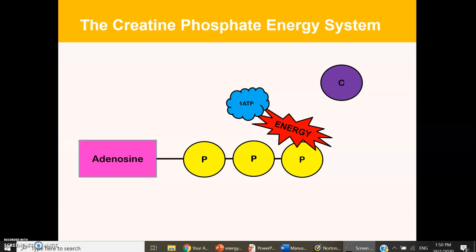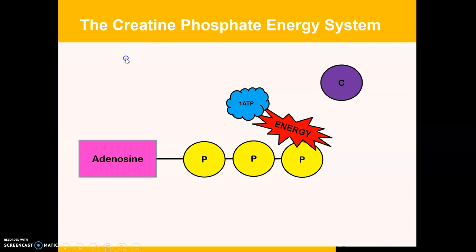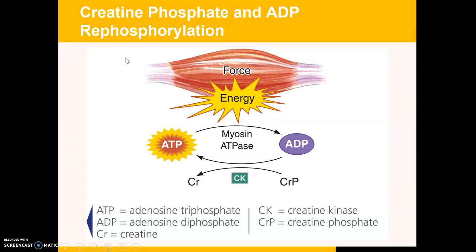Next, creatine phosphate is an important high energy phosphate that is stored in muscle, where it is readily available to replenish the ATP very rapidly.